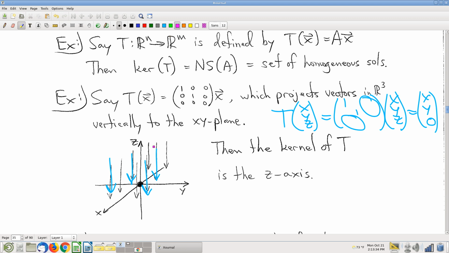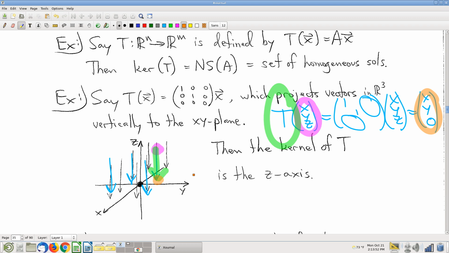This says if you take a point XYZ, the action of this linear transformation is to give me X, Y, 0. That is the point in the XY plane sitting directly below or above that input point.